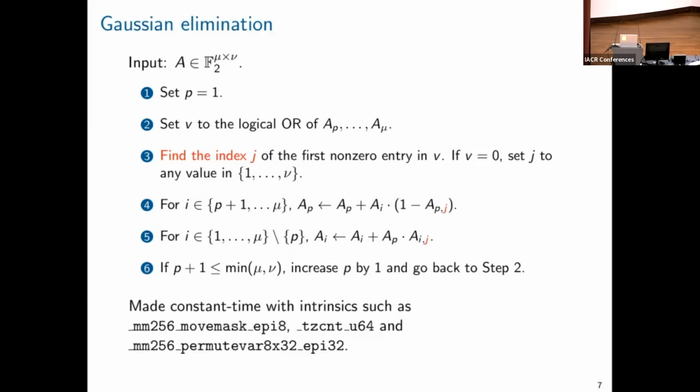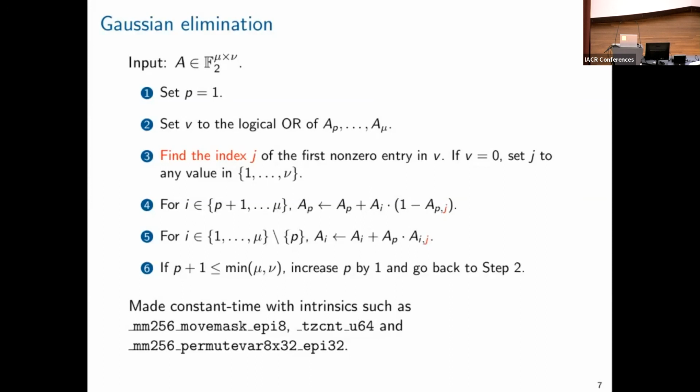Today I'm not going to talk a lot about how we do this in detail, but we make use of some AVX2 intrinsics, like movemask and permute intrinsics, to do these operations in constant time.